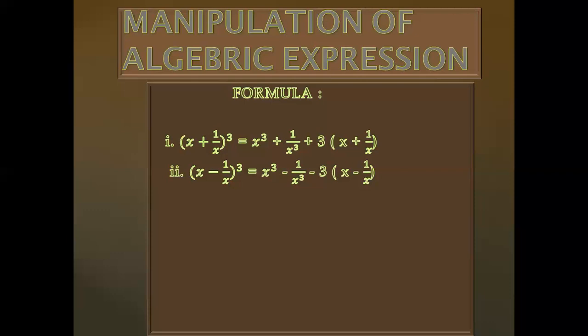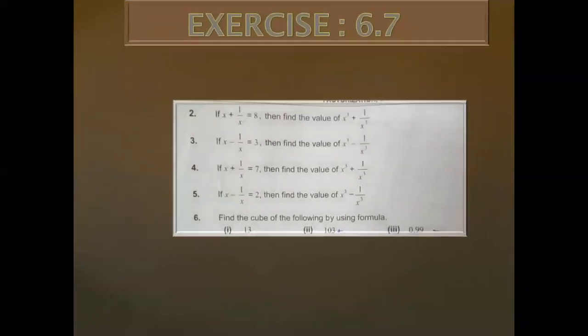And x minus 1 over x whole cube is equal to x cube minus 1 over x cube minus 3 into x minus 1 over x. Now the remaining 4 questions we will do by using these two formulas in question 2, 3, 4 and 5.